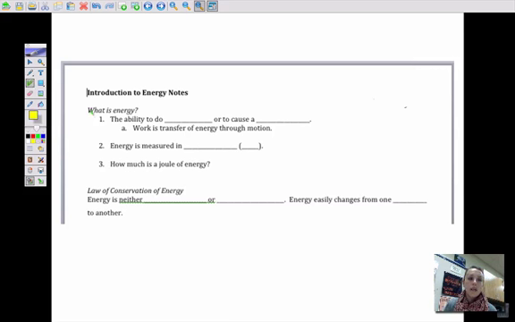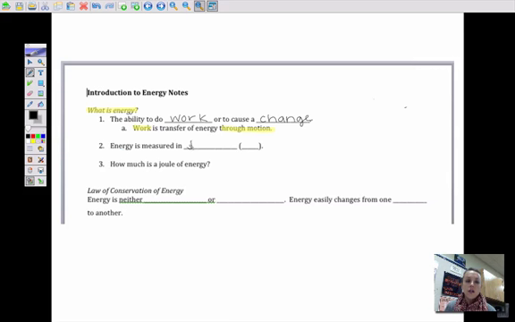So, what is energy? Energy is the ability to do work, which is a scientific concept, or to cause a change. Eventually, we're going to learn that work is a transfer of energy through motion.